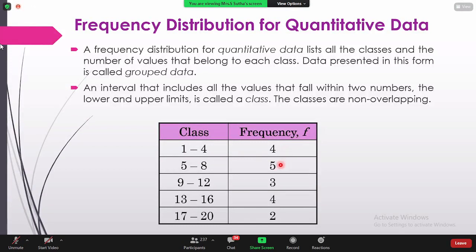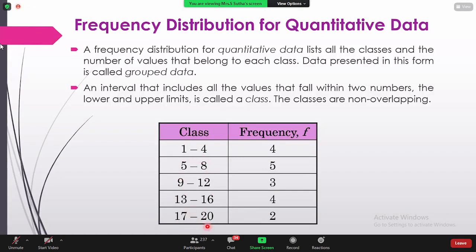The 5 means the numbers between 5 and 8, including 5 and 8, occurred 5 times. The numbers 9 to 12 occurred 3 times. The numbers 13 to 16 occurred 4 times. The numbers 17 to 20 occurred 2 times. So these are called classes.